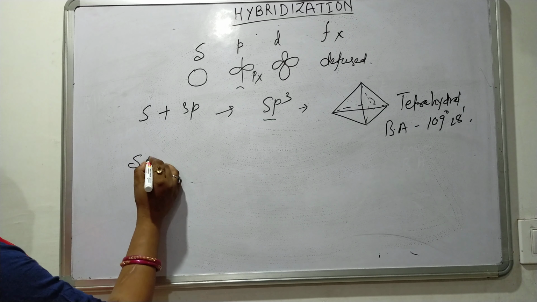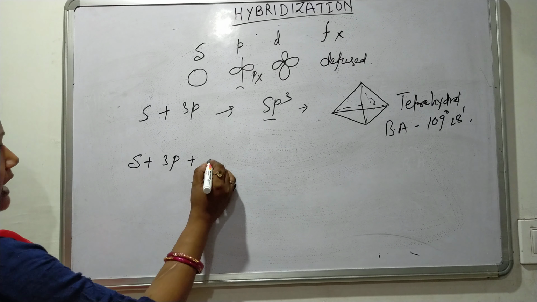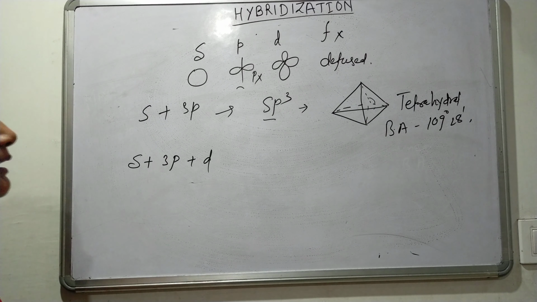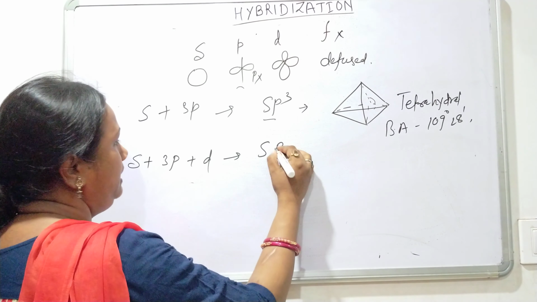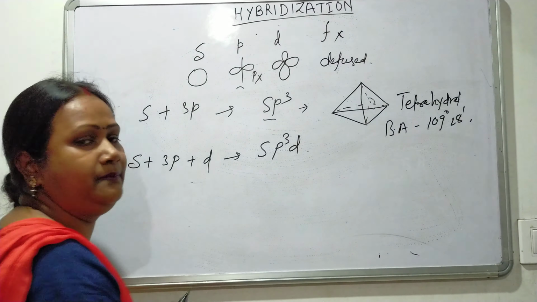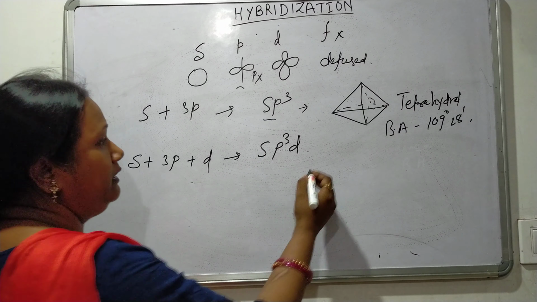And when you mix one s, three p and one d orbital, then what will happen? It forms sp3d.